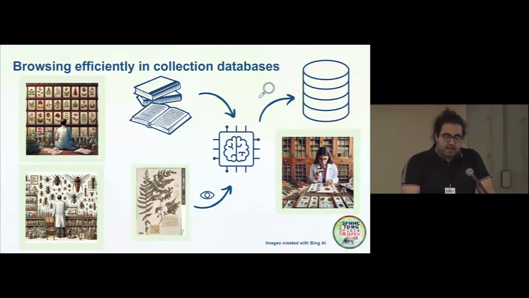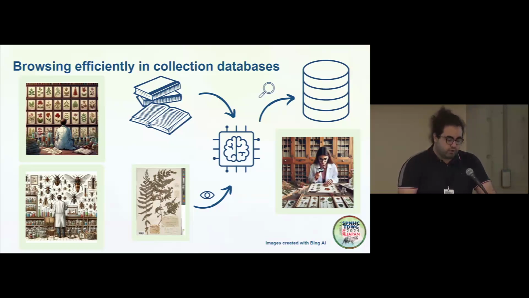So in France we recently finished the e-RecolNat project that aimed to make most of the corpora of our national collection available. The issue is that we have a lot of data, but the only way that we have to browse this data is to use the traditional metadata associated with collections, such as species names and region of collection and stuff like this.